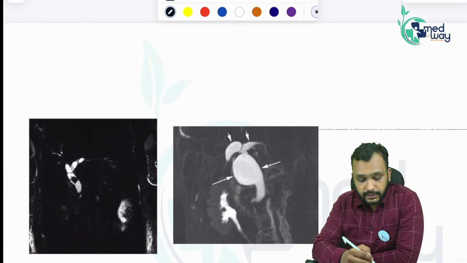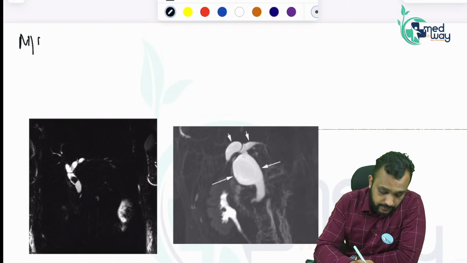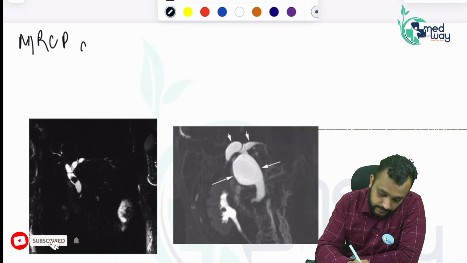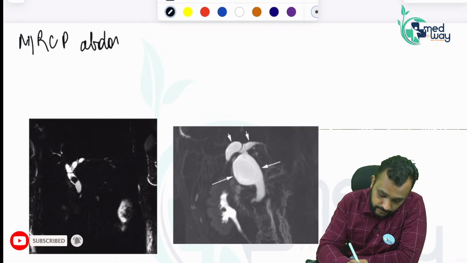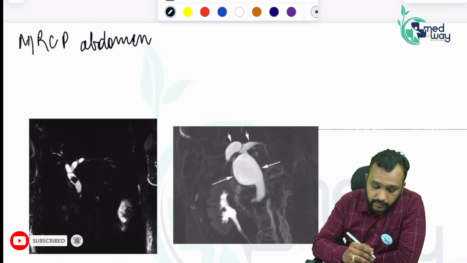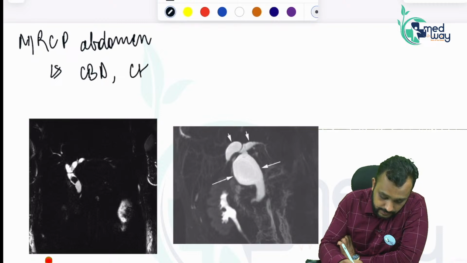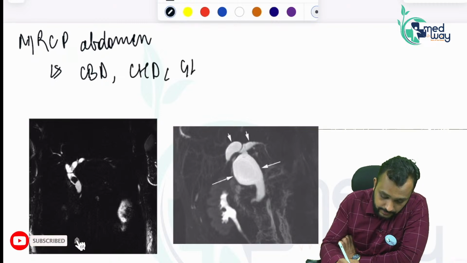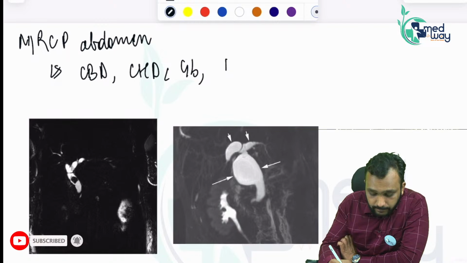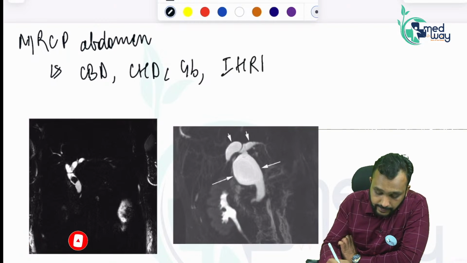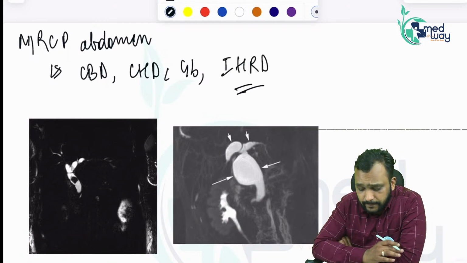Now these are the MRCP abdomen images, again can be asked in your exam. So in MRCP abdomen images, what happens? Your CBD, your CHD, gallbladder, intrahepatic biliary radicals, these are very well seen, right?